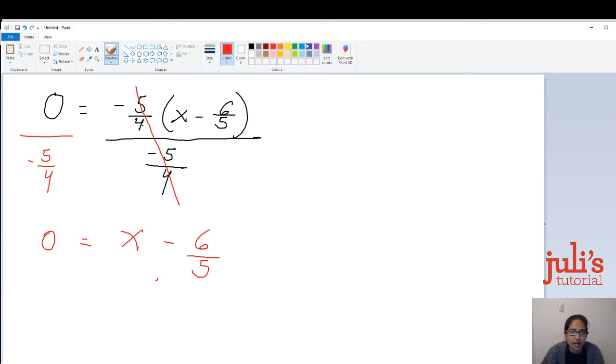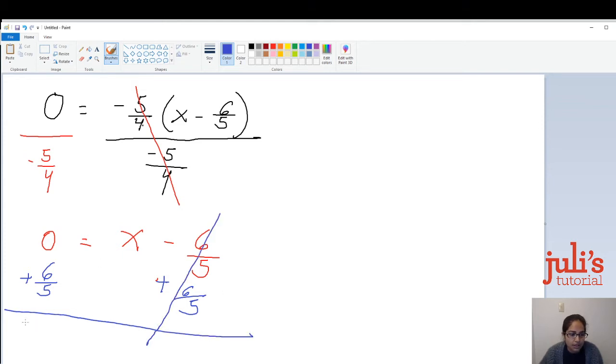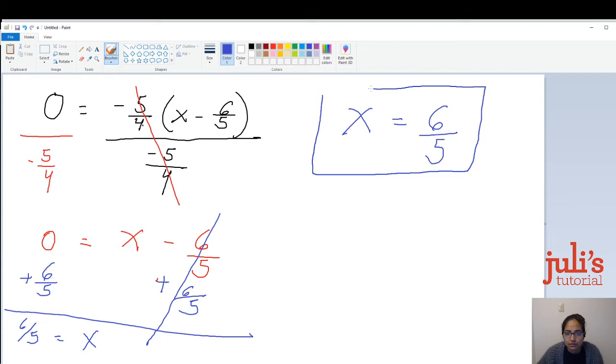Then I have to add it on this side in order to get rid of it. This cancels out. I'm left with 6 over 5 on this side equals x. So x equals 6 over 5.